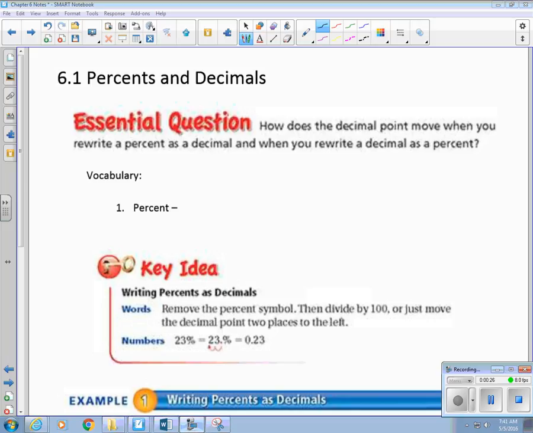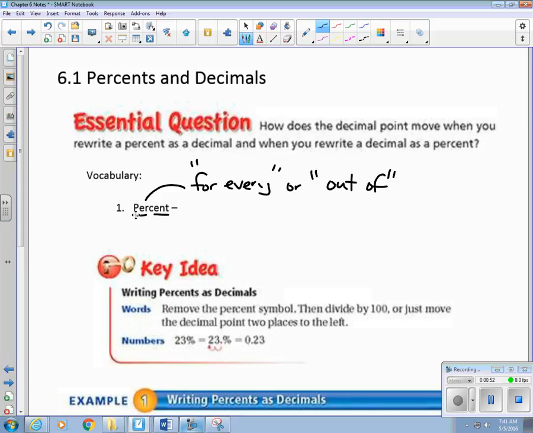What does the word percent mean? Well, if we break down the word, we can break it down into two parts, per and then cent. Per means for every, or it could mean out of.